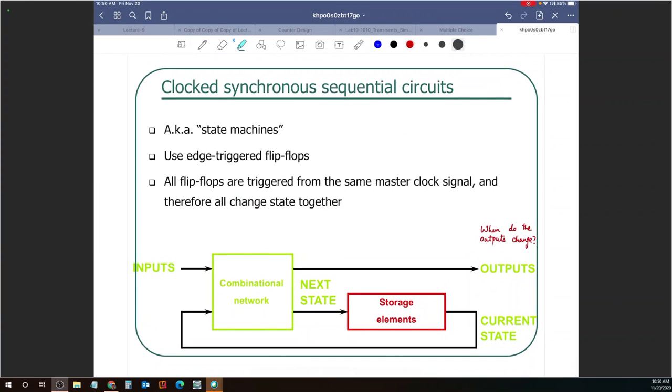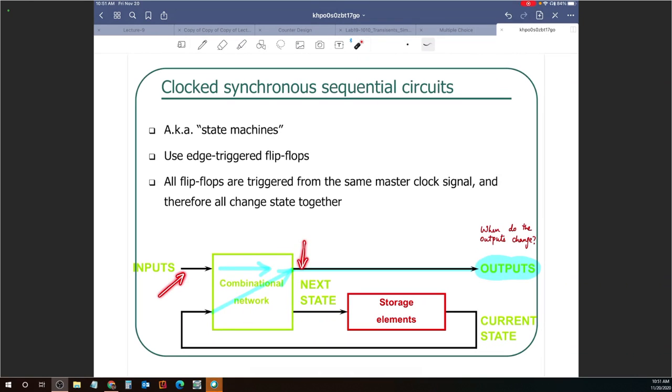Now for answering this, I would need to track back from these outputs to the input side. If I track back, I see that this could be due to the current state changing, or due to the inputs changing. Remember, this block is a combinational network, right? So as soon as this changes, that changes.